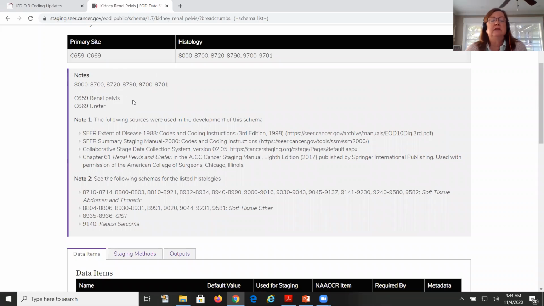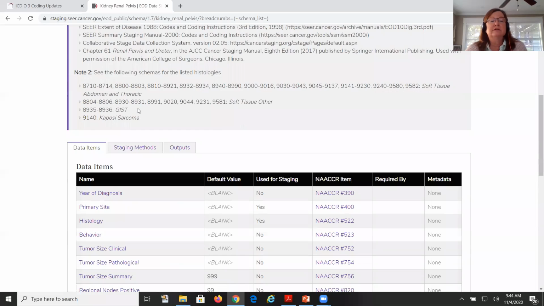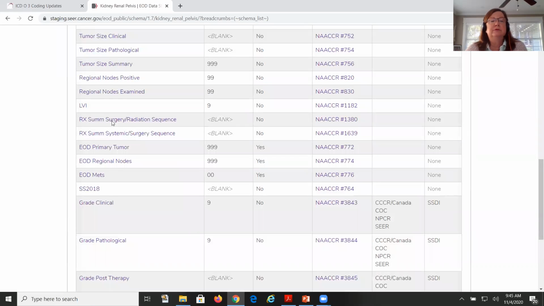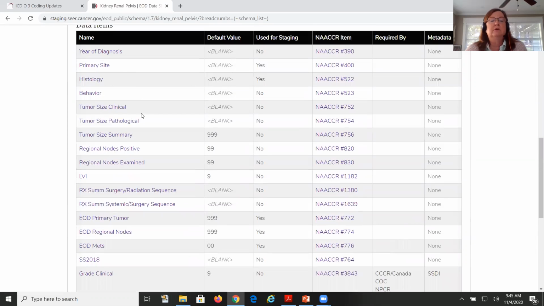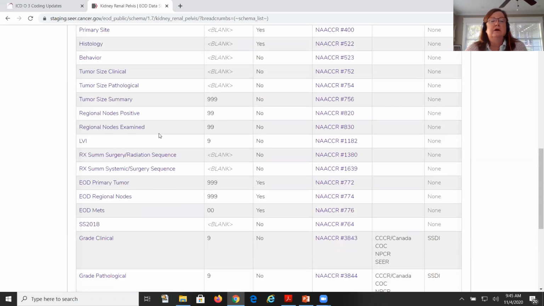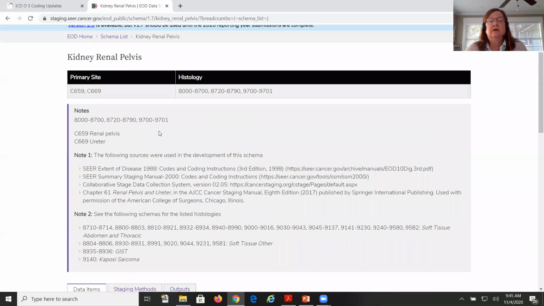In this schema, the primary sites included are renal pelvis and ureter. Then here are all your data items, and you would just click on whatever data item you are trying to code for the instructions and the codes for that data item.